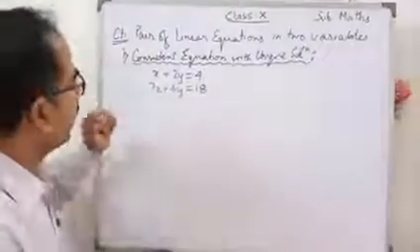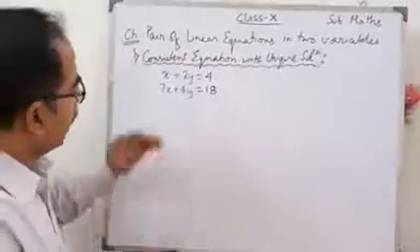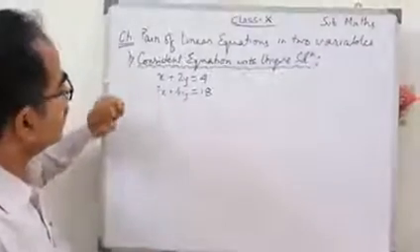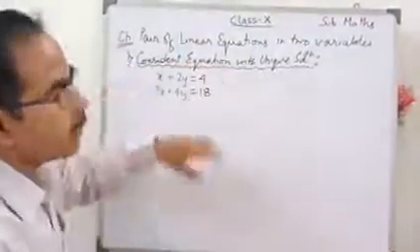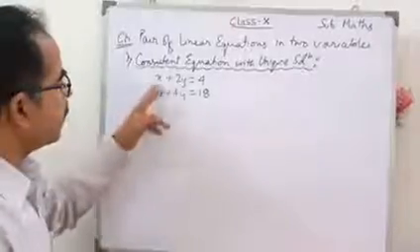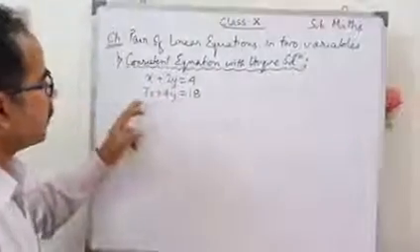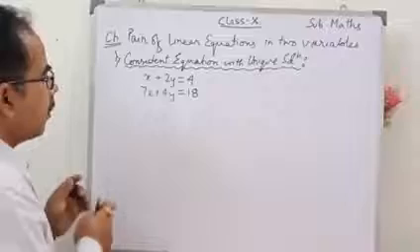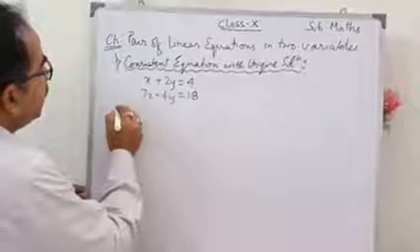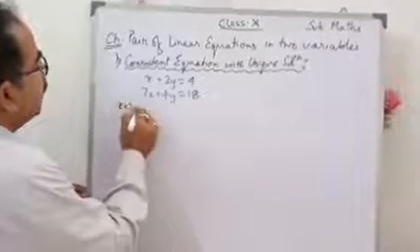Okay. So today, after that, we will study consistent equations with the unique solution. So I have taken one example, x plus 2y equal to 4 and 7x plus 4y equal to 18. So now we will solve one by one. First of all, take the first one, that is x plus 2y equal to 4.